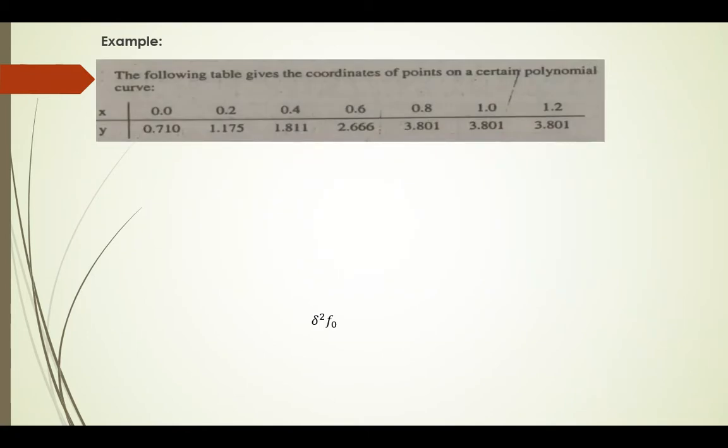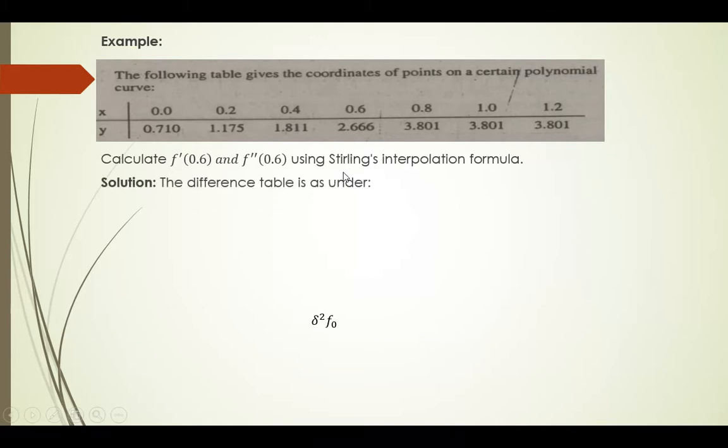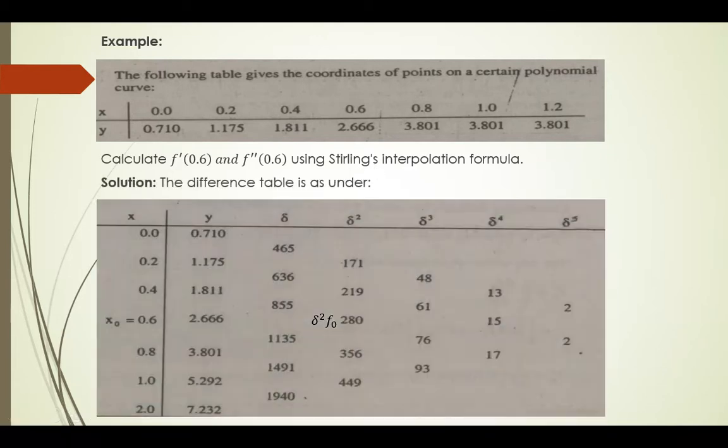Example is there. A table of values is given to you, and you need to calculate first derivative of the function when x is equal to 0.6 and second derivative when x is equal to 0.6 by the use of Stirling's interpolation formula. Difference table is constructed.